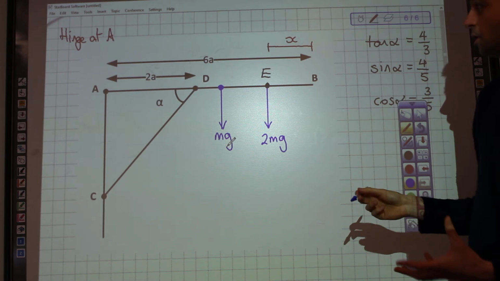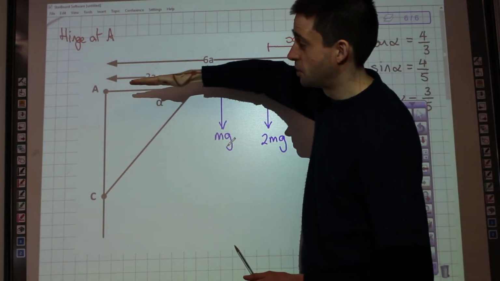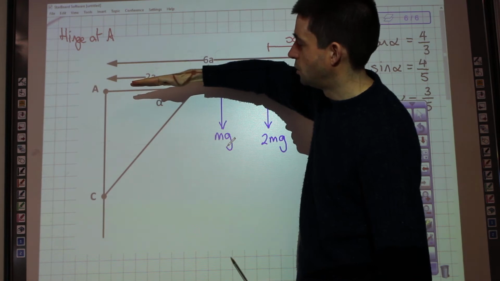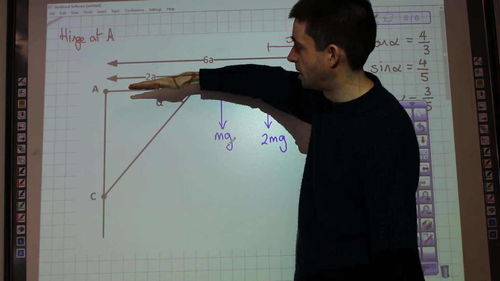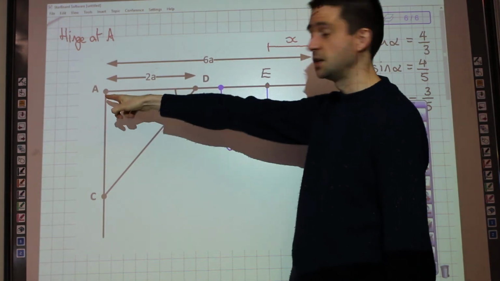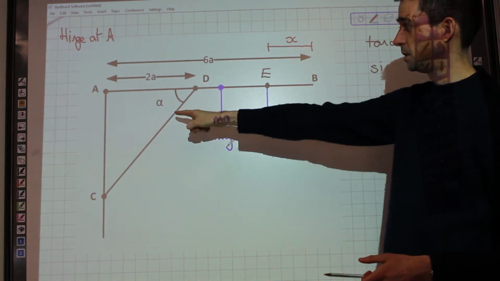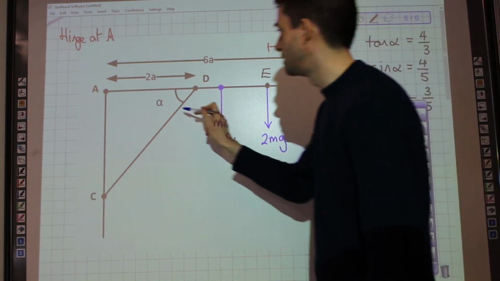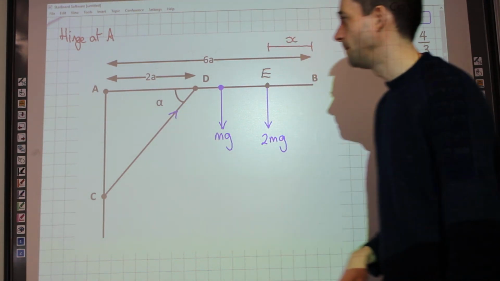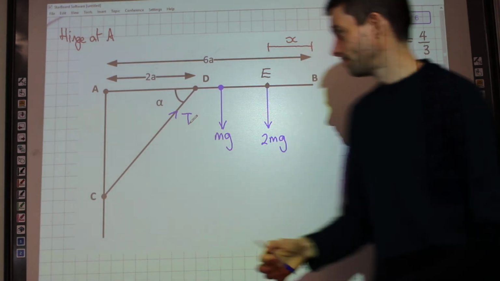CD is a light rod. What's happening here is this plank is being supported by the rod. If the rod wasn't there to support the plank, what would happen? Well, the plank would swing down like this because it's hinged at A. What that means is the force that the light rod exerts on the plank must be going this way, although it's not in fact tension, it's thrust.